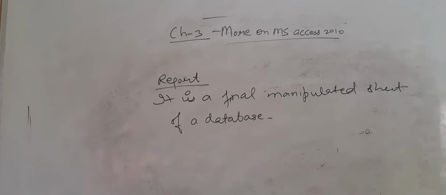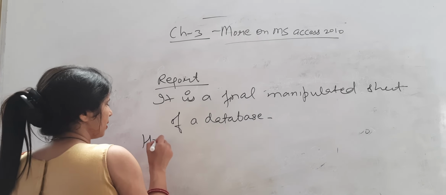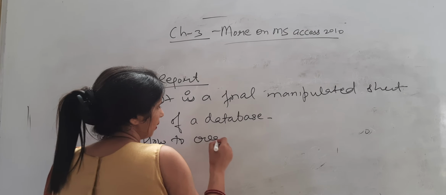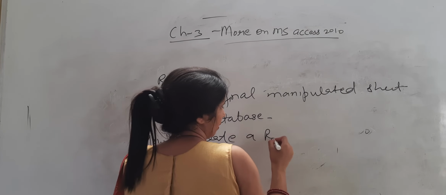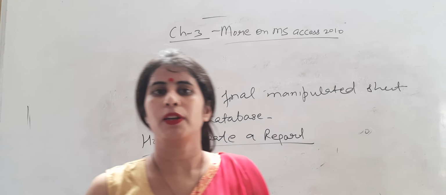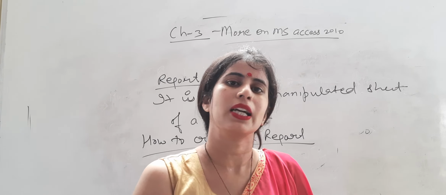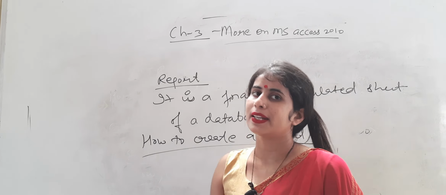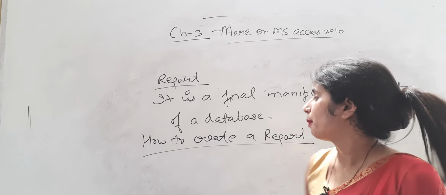Now, how are you able to create a report, means how to create a report. Whenever we are going to create a report, we have to click on the create tab. Here on the create tab, I will get the option report.